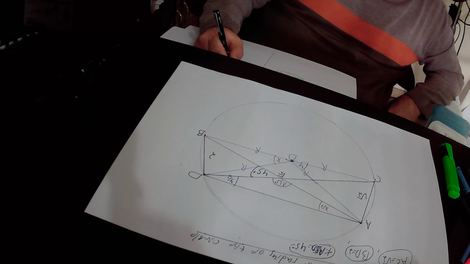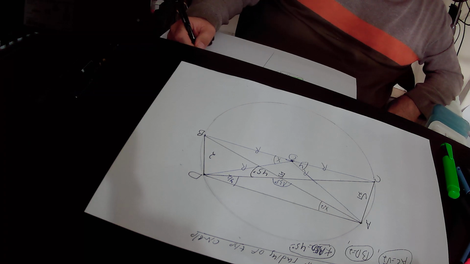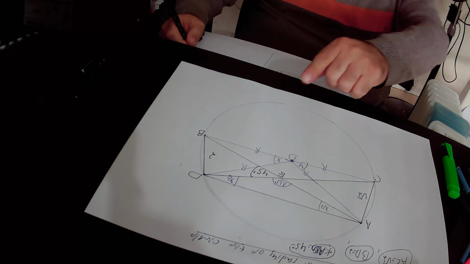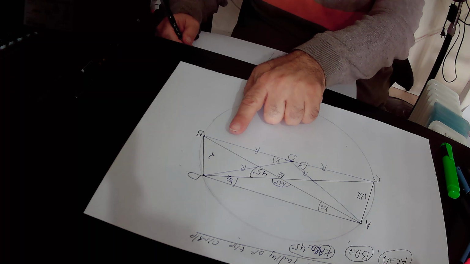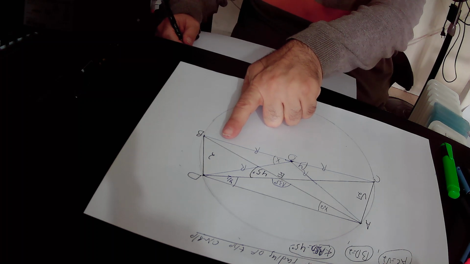cosine x equals r square plus r square minus 2 times 2.